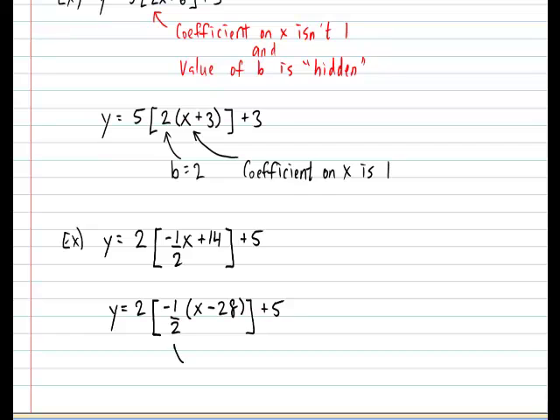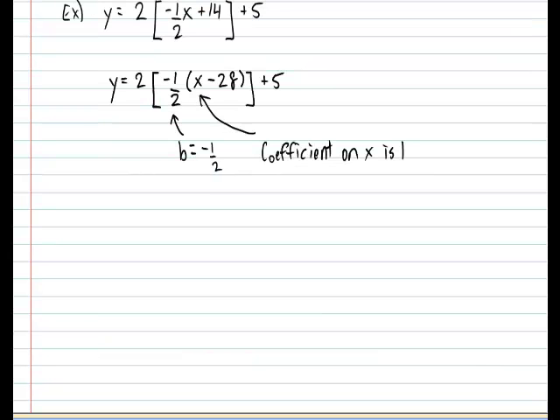This is fixed because the b value is clearly negative half, and the coefficient on the x is now 1. Fixed. Now it's time for you to try one on your own.